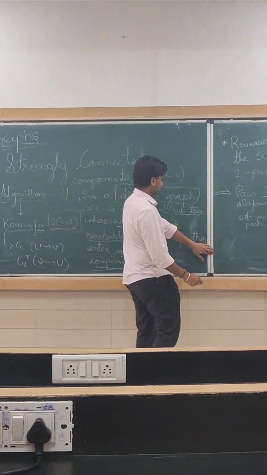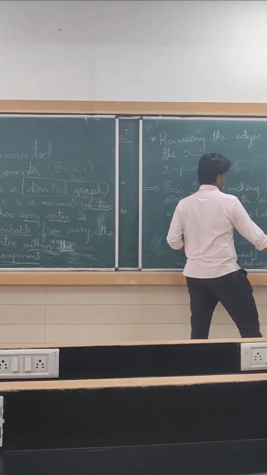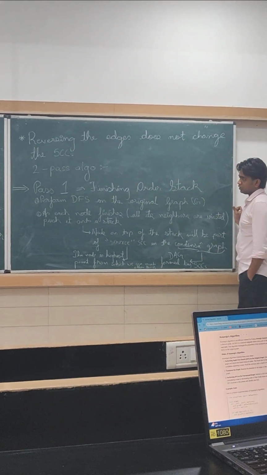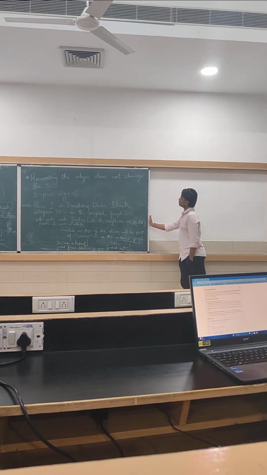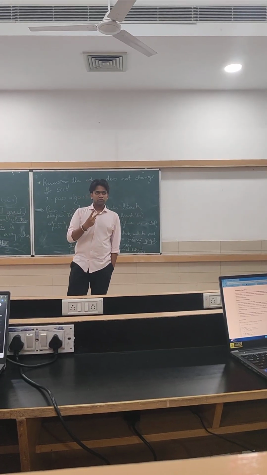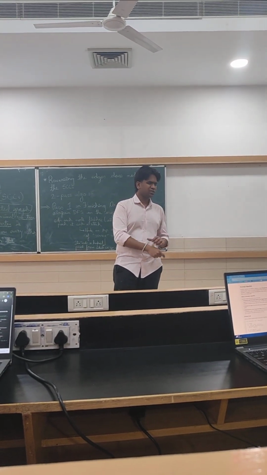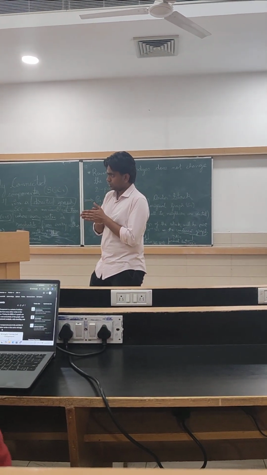Alright. Let's move on to the algorithm. It's a very good algorithm, and a very beautiful algorithm. It works in two passes. Kosaraju's means two different passes, and it's very easy to implement because it's DFS.